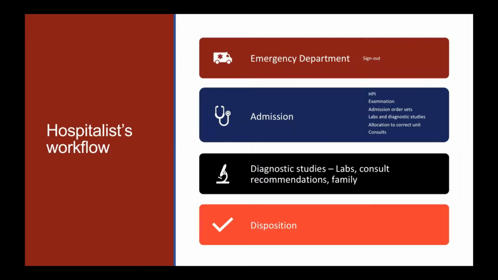Here is a brief slide for the workflow of our service. This would include the sign out from the emergency room, the admission process itself, which would include the main bulk of our diagnosis process, and then the following up of labs and consult recommendations.